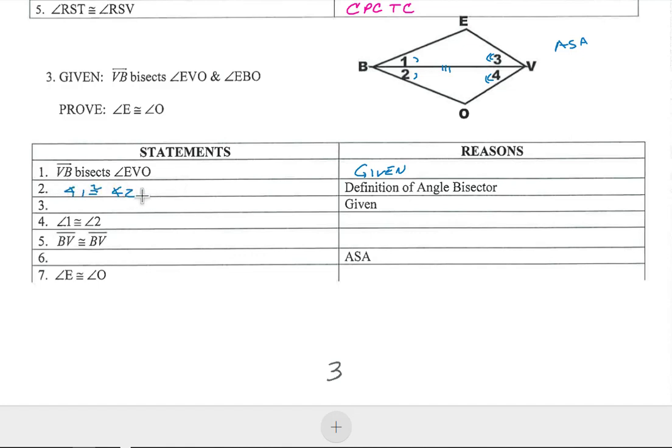I started thinking 1 was congruent to 2, but it's actually 3 congruent to 4. And then our other given is that VB bisects angle EBO, which is going to give us angle 1 congruent to angle 2 by definition of angle bisector also.